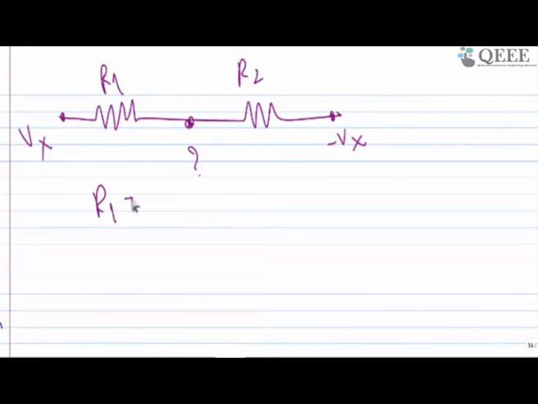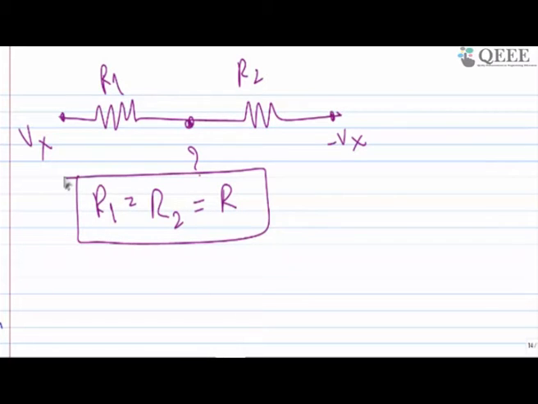And if R1 equals R2 equals R, then let's call this potential V theta. Because of equal resistance, there will be equal drop and equal current. This is plus Vx, this is minus Vx. So at the end, it's also like a virtual ground. This is also virtual ground.